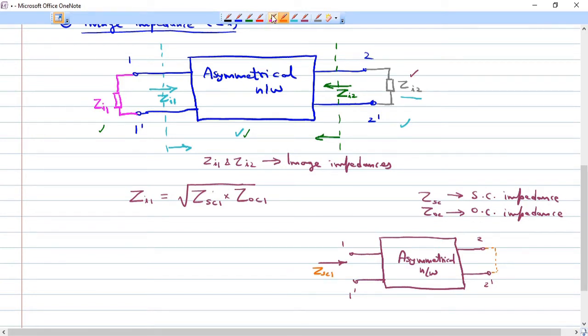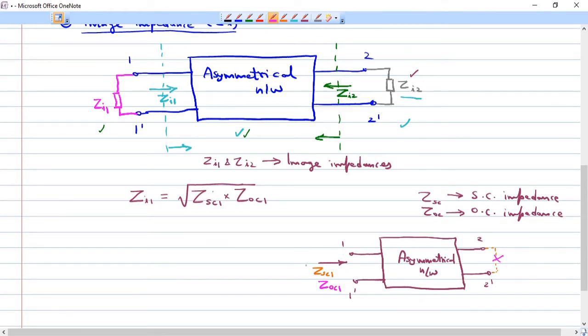Now you remove this short circuit and open it, then you will get the Z open circuit with respect to the 1 dash terminal.